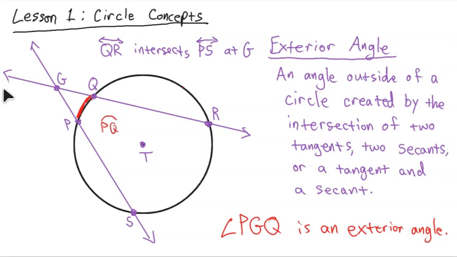But look, the secant also has R and S. And so between R and S, which is this spot right here, that arc right there, arc RS, is also an intercepted arc. And so exterior angles usually have two intercepted arcs.